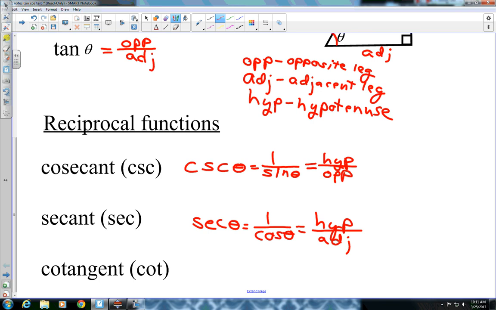The cotangent function is the reciprocal of the tangent function. So that is the adjacent over opposite.